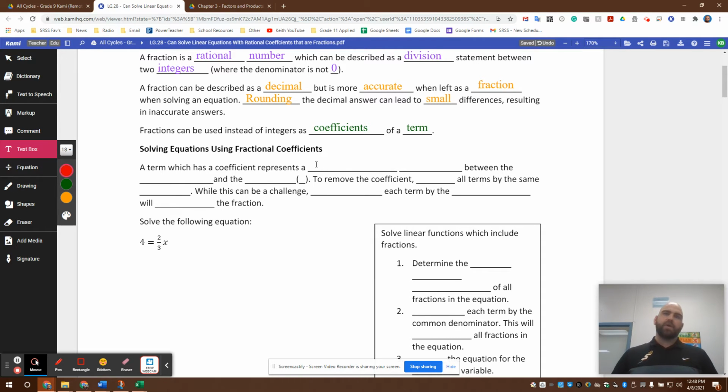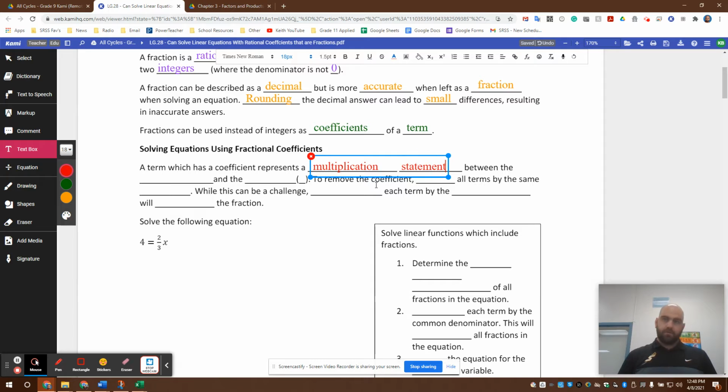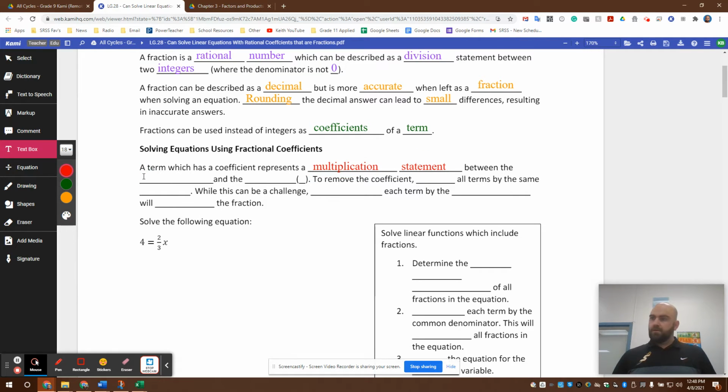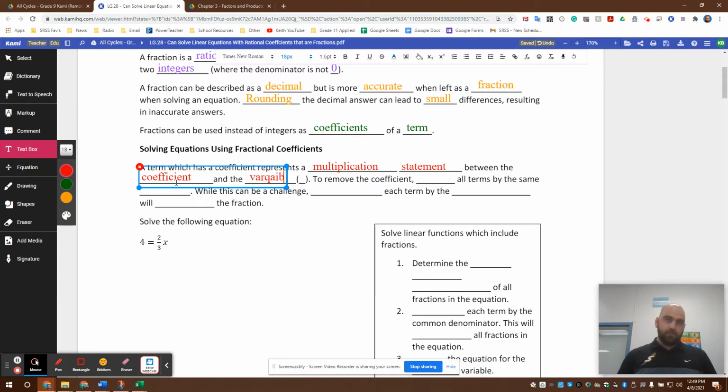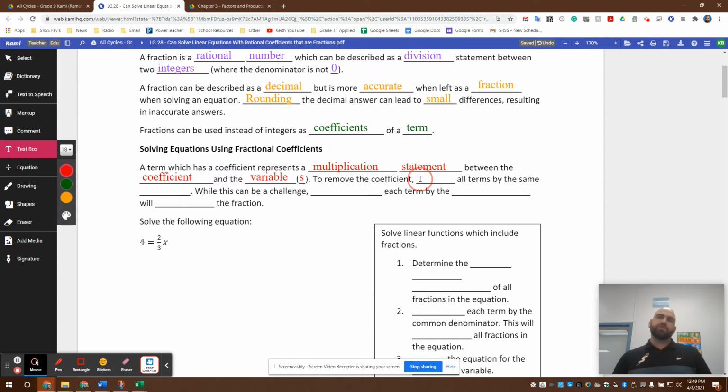A term which has a coefficient represents a multiplication statement between the coefficient and the variable, or variables. We could also have multiple variables. Often it's just one, but we could have multiple variables as well.